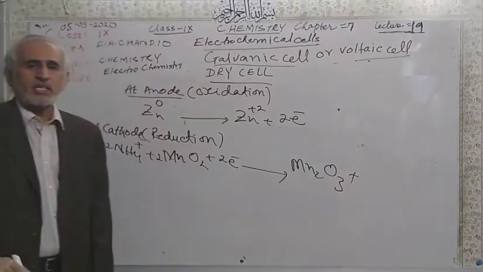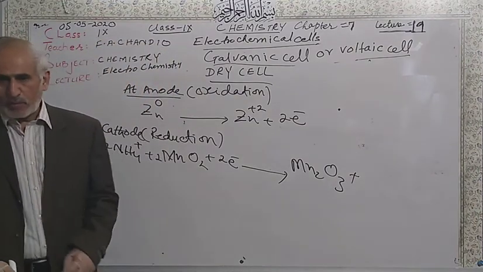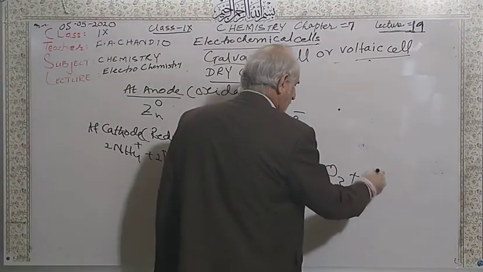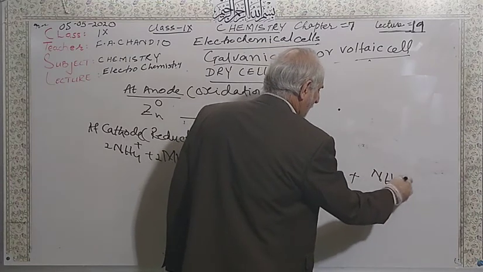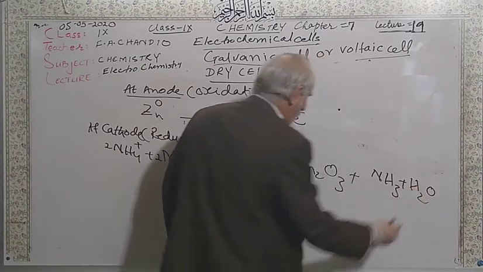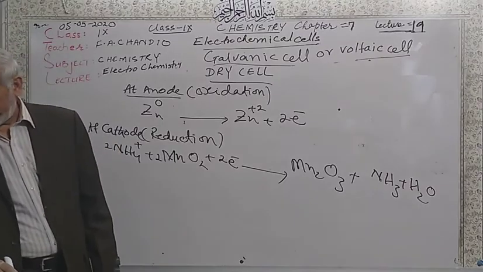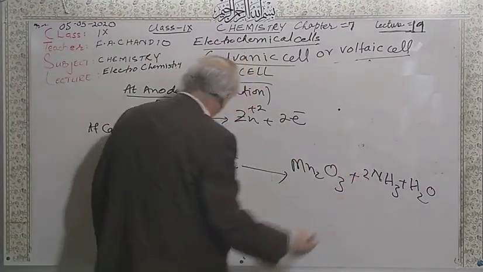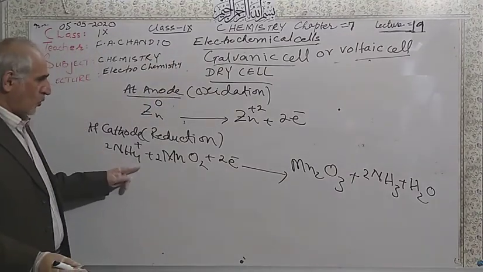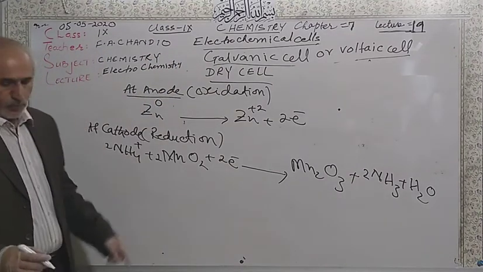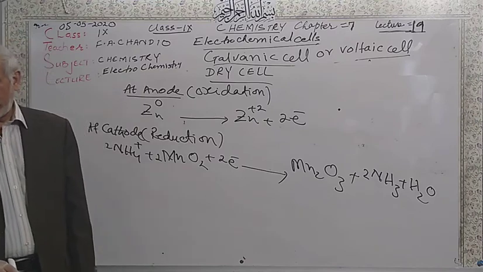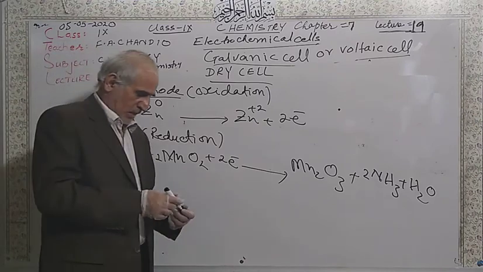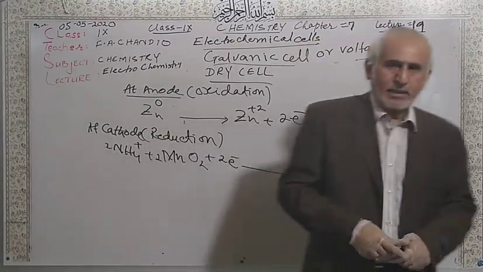This manganese trioxide is going to be formed, and this ammonium changes into ammonia gas, and also water is going to be formed here. Nitrogen is 2, so I put 2 here, and the hydrogen, 2 fours are 8, so it is complete. So this is the chemical reaction that happens during the dry cell.